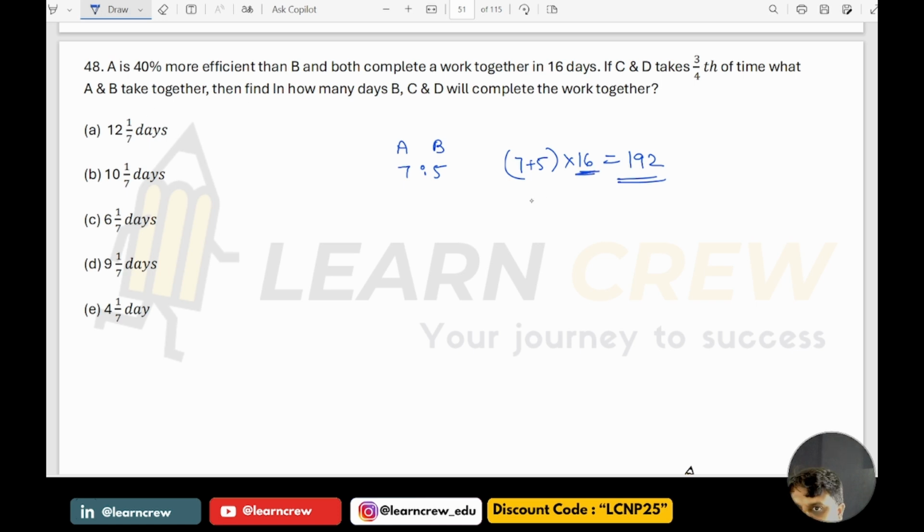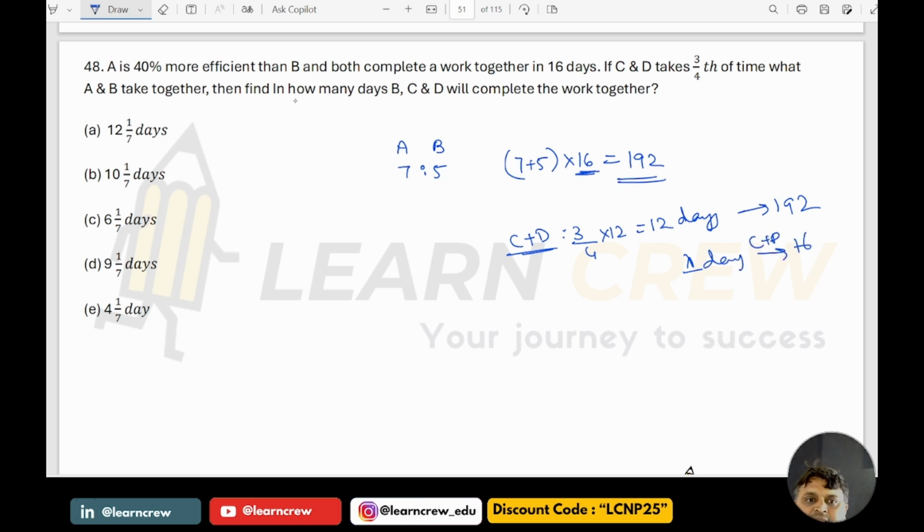A and B 16, so C and D take 3/4 of 16, which is 12 days. 12 days to complete 192. So 12 days 192 means 1 day 16. C and D.